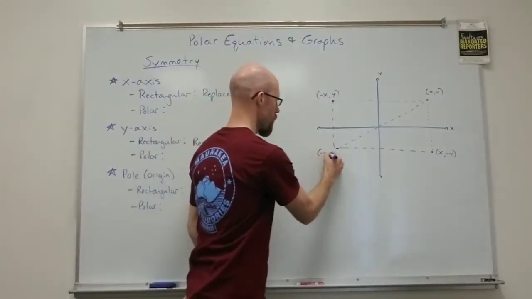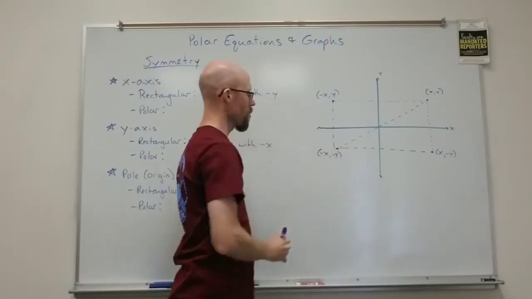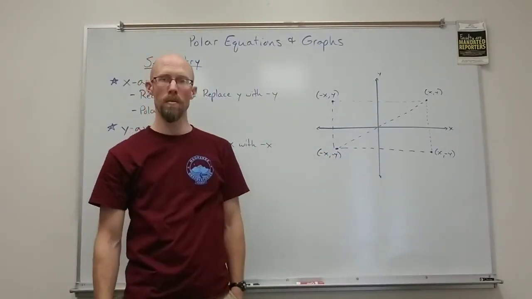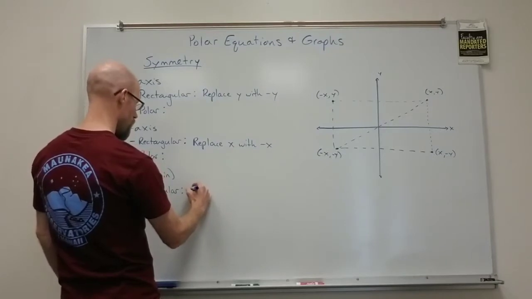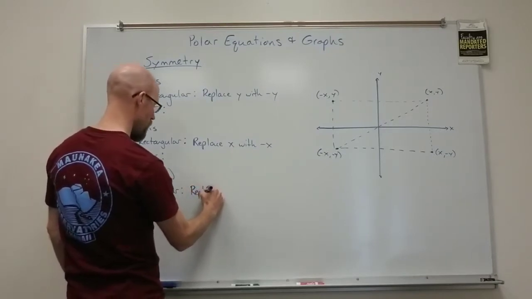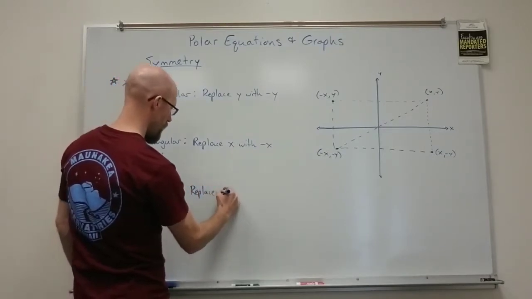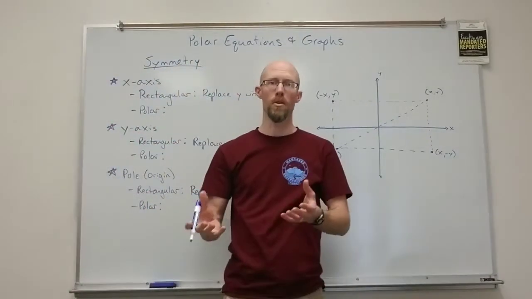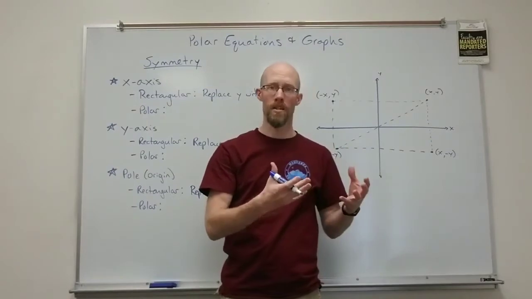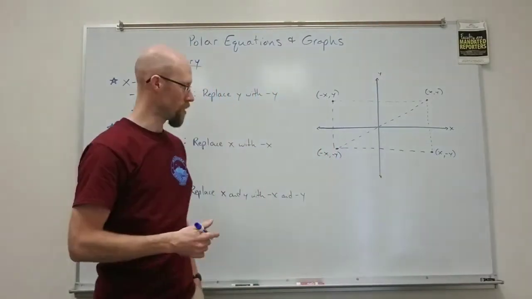It ends up changing sign on both variables, and so you would replace x and y with negative x and negative y. So if you replaced both variables with their opposites and then simplify, you should get the same equation.